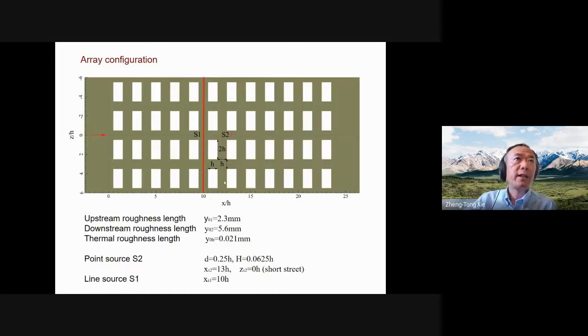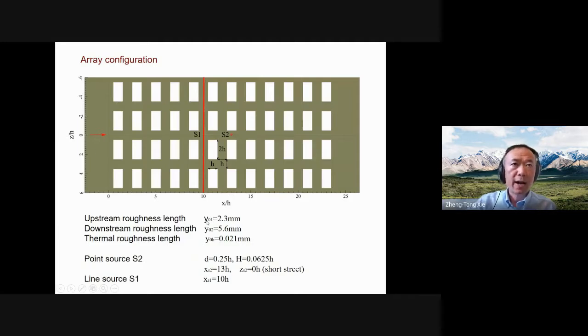So again, the configuration is something like that. You have 1, 2, 3, 4, 5, 6, 7, 8, 9, 10, yeah, this 12, 13 arrays of blocks. And the upstream of the blocks is still rough, with 2-dimensional small roughness.